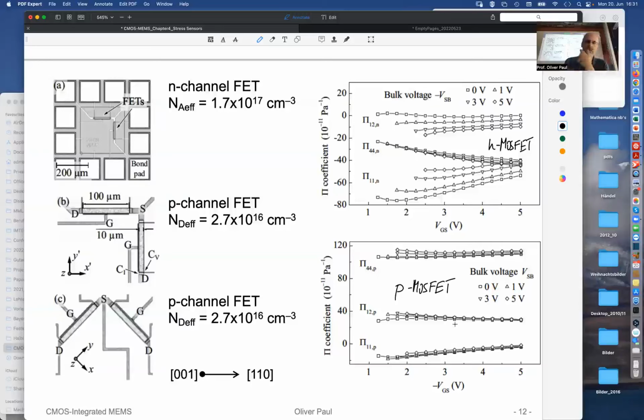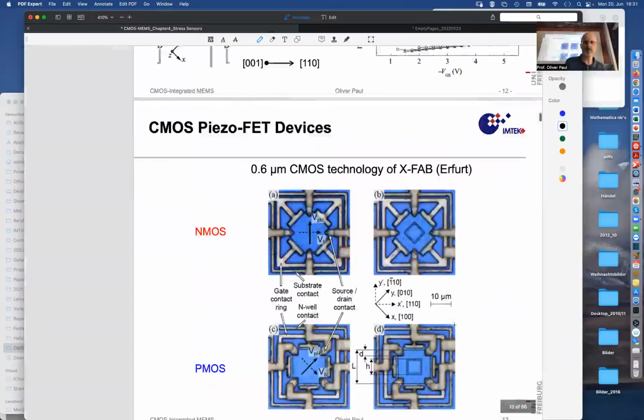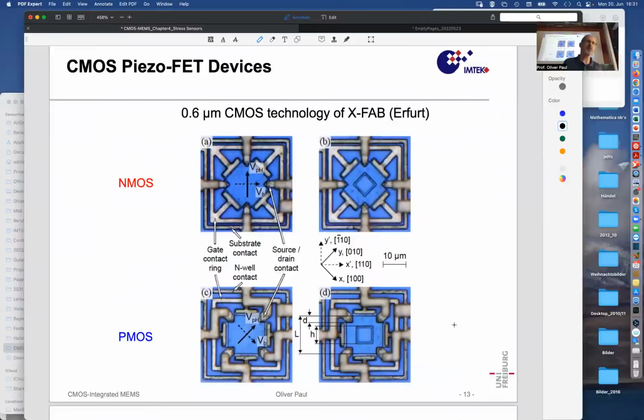So we wrote a paper that was published in the Transactions on Electron Devices describing this in detail, so that people have a basis for the simulation of such sensors. So now, after all this theory, let's look at some real devices. And then once we have seen the real devices, we can look at how they are characterized in some setups.